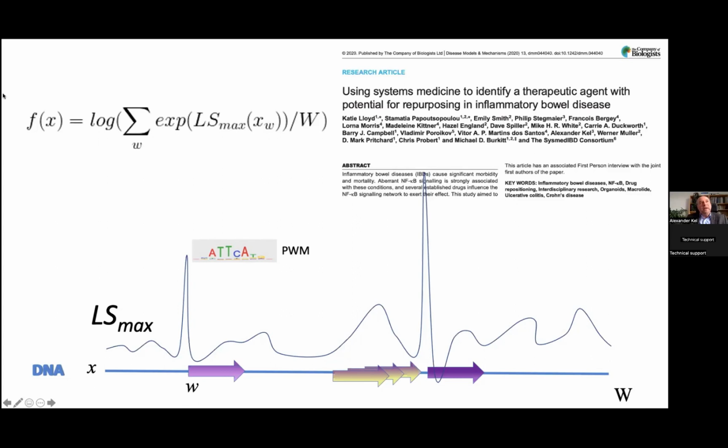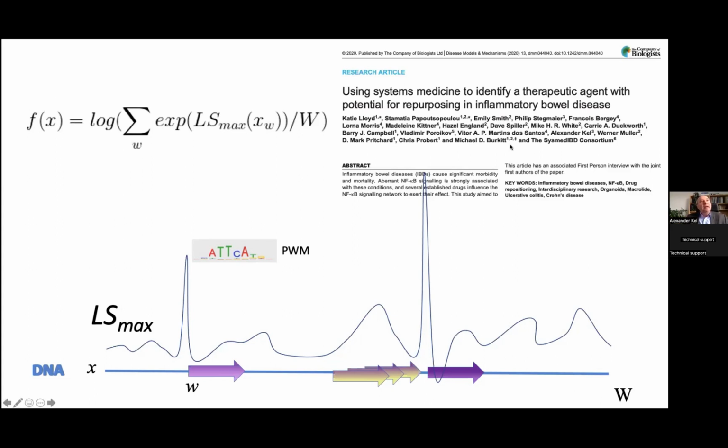So that's why what we came up with here and published in that paper is a so-called affinity score, which is given to a whole promoter. So not just to one binding site, but to the whole promoter or whole regulatory region which we want to analyze for a given transcription factor.